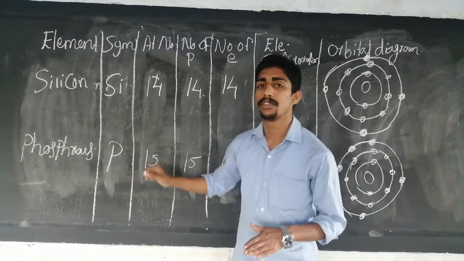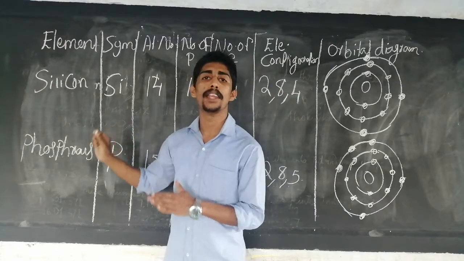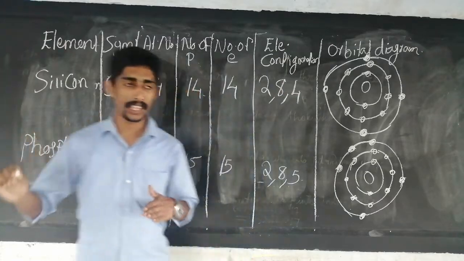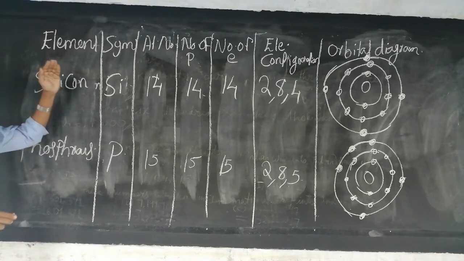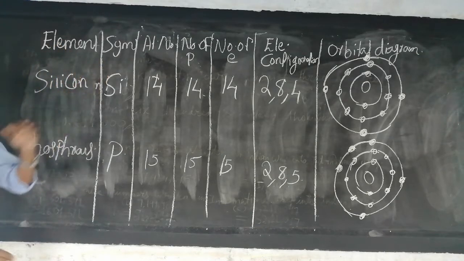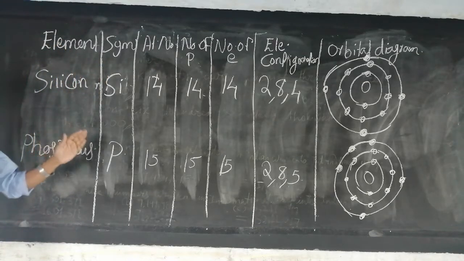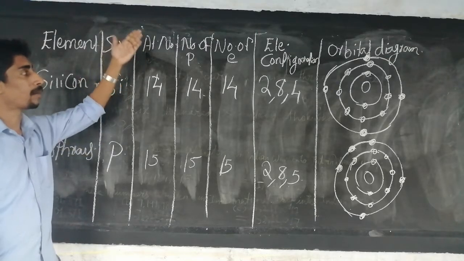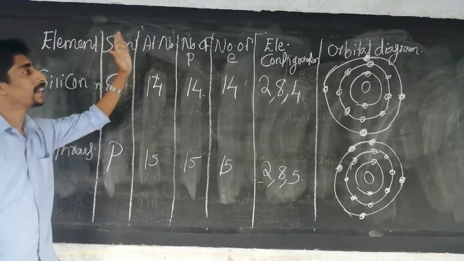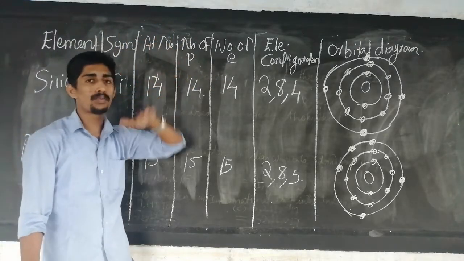So the next one which we are going to study after aluminium is silicon. The symbol of silicon is capital letter S and small letter i, Si. And the atomic number of silicon is 14. So obviously the number of protons is also 14. Number of electrons are also 14.